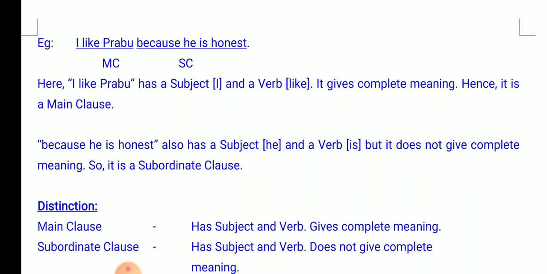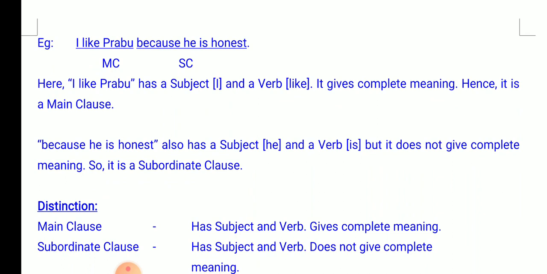I like Prabhu gives complete meaning, therefore we call it a main clause. In the second part of the sentence, the subject is he and the verb is is. This part of the sentence does not give complete meaning, therefore we call it a subordinate clause.